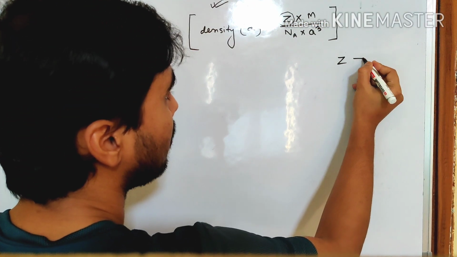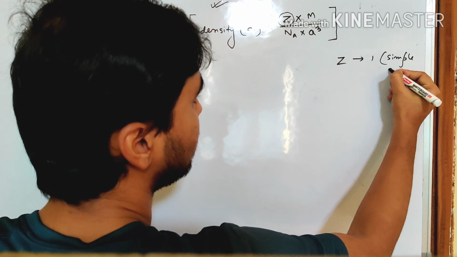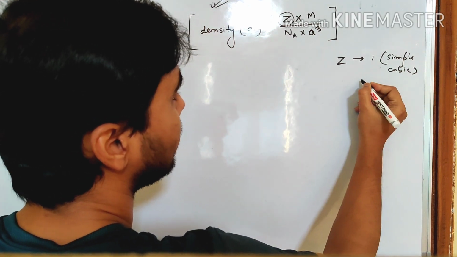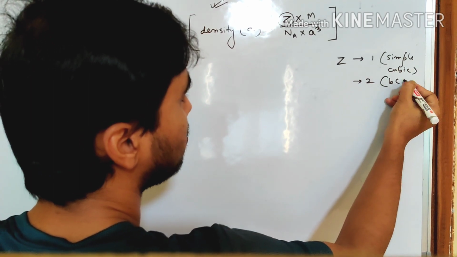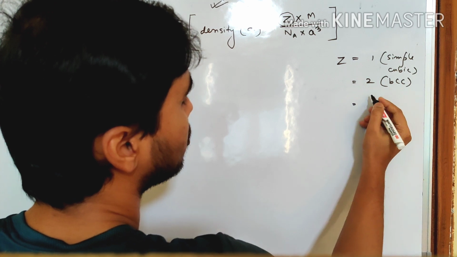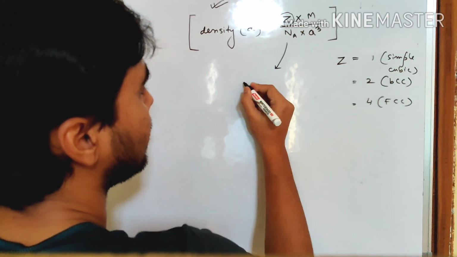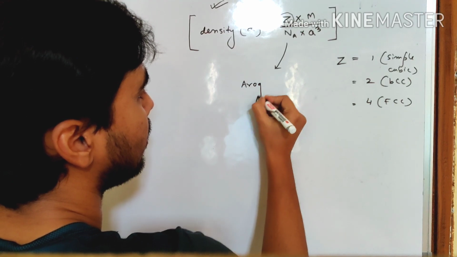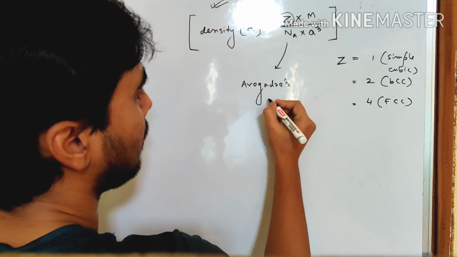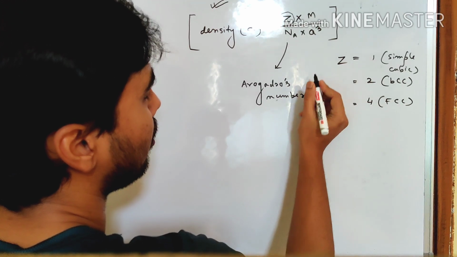So Z value for simple cube will be 1. For simple cubic unit cell, it will be 1, for BCC it should be equal to 2, it should be 4 for FCC. NA is the Avogadro's number that we all know.